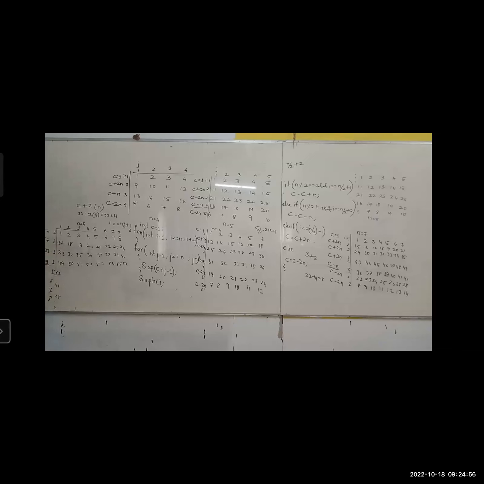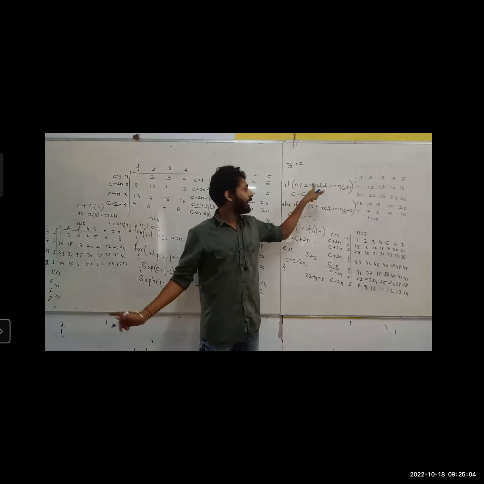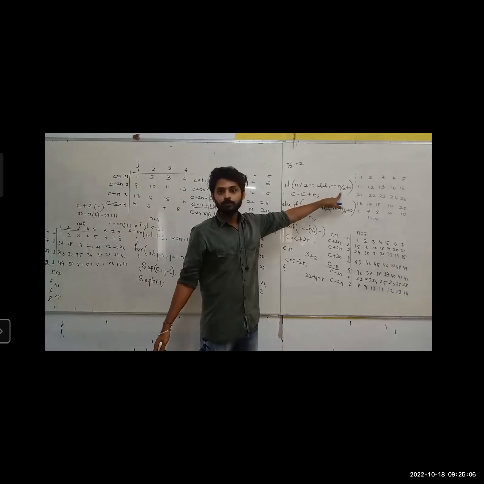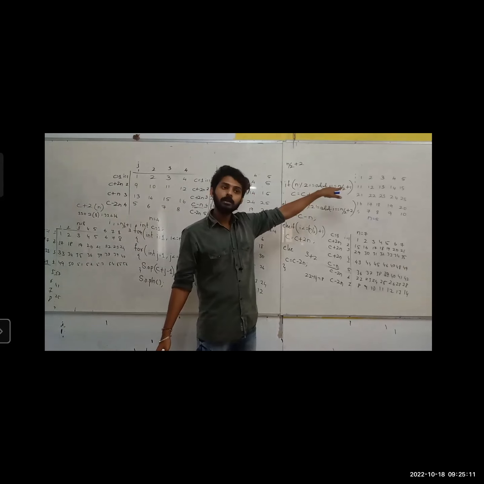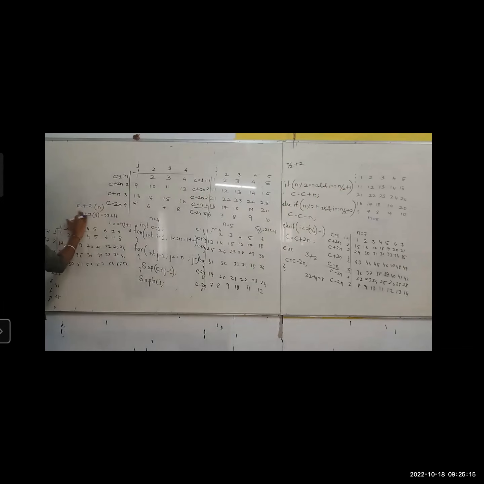You check. I value is 5 and n value is even. I value is n by 2 plus 1? Yes. Then I should follow C plus n this time. So here I don't want this.